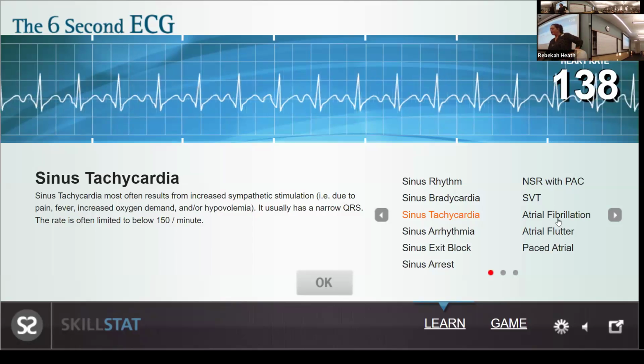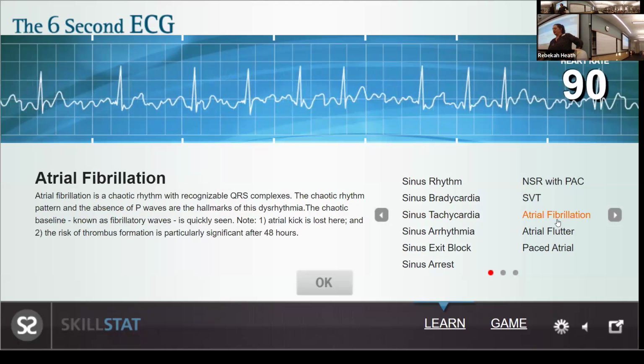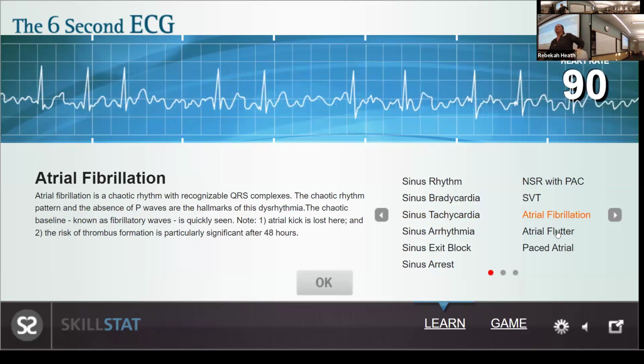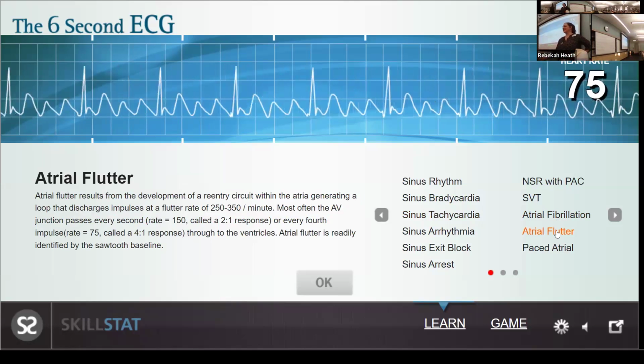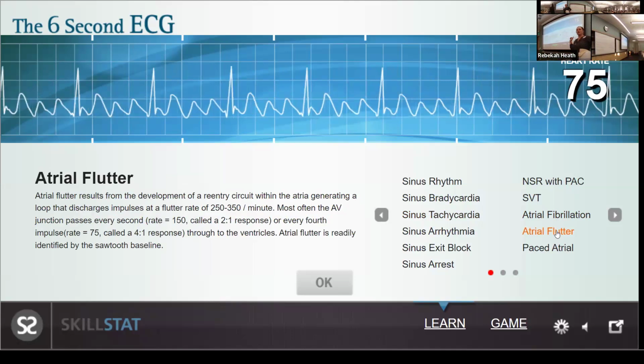Let's go over and look at some of our atrial rhythms. We're going to go to flutter first because flutter is easier to recognize. What's similar about this to normal sinus rhythm?